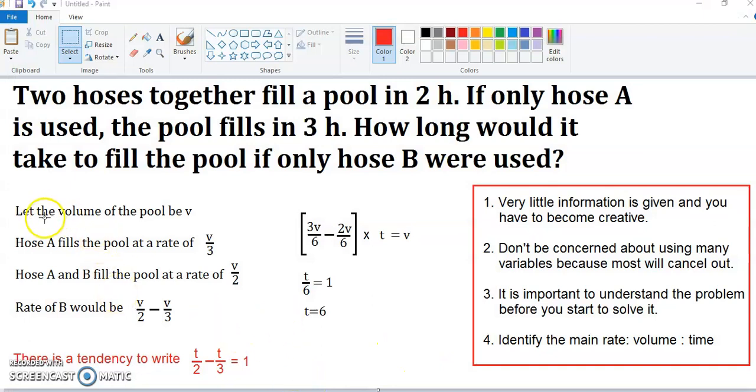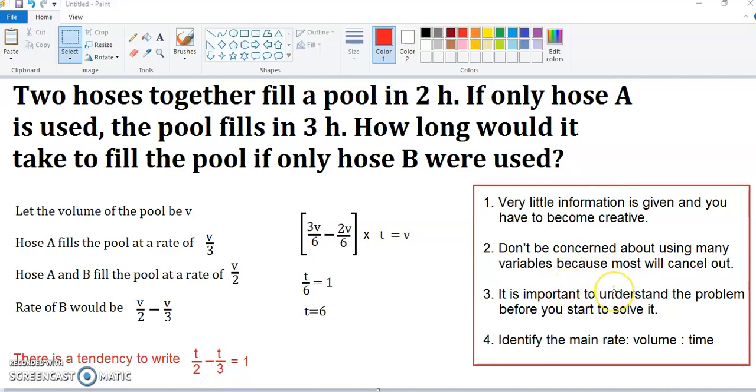So don't be afraid to use as many variables as you can. Here's a little guide for you in this little red box, because most of them will end up canceling out. It's important to understand the problem before you start to solve it. Three quarters of understanding it is identifying the main rate.